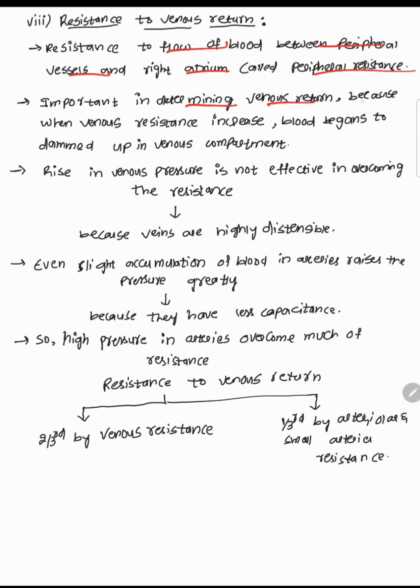It is important in determining venous return, because when venous resistance increases, blood begins to dam up in the venous compartment. See, lower limb, heart, veins.